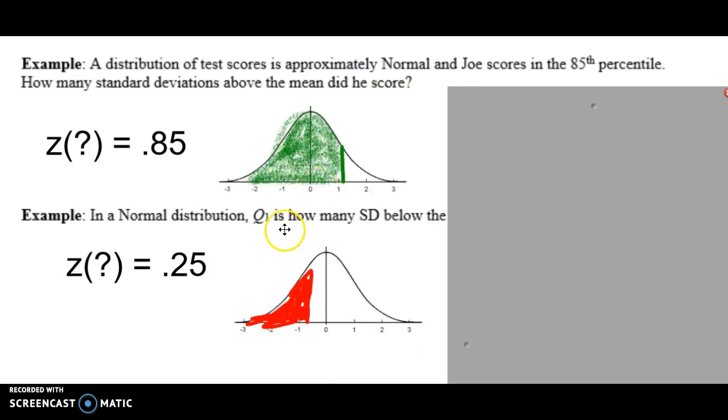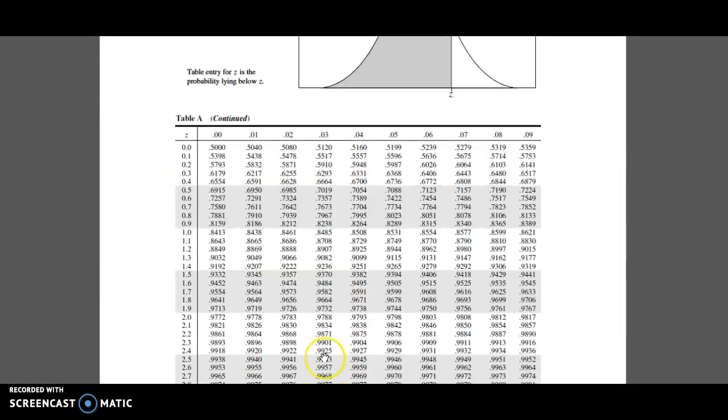If we look at these two working backwards problems, the first one says that Joe scores at the 85th percentile, and we want to know how many standard deviations above the mean he scored. So we look at the table and look for 85%.